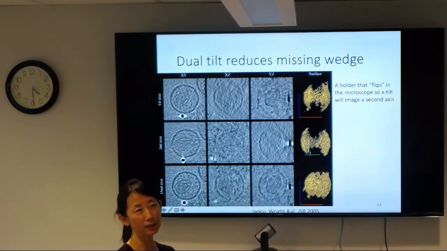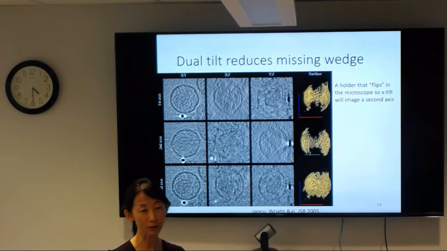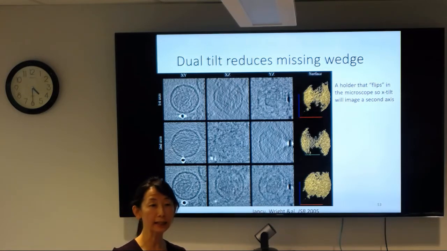I said this is a very good question and it's very relevant to our discussion. Think about it, you have 180 electrons for the whole sample. If you want to do dual axis, you have to divide the total dose by 2, and use the first half on one tilting axis and the second half for the second tilting axis.